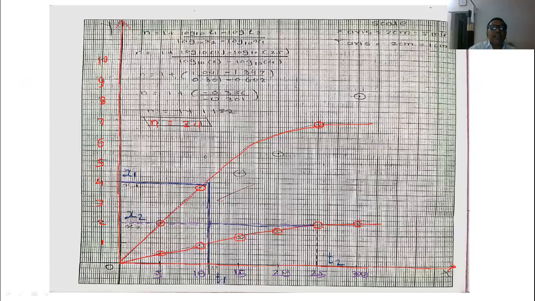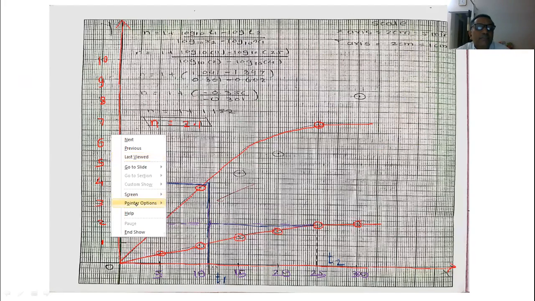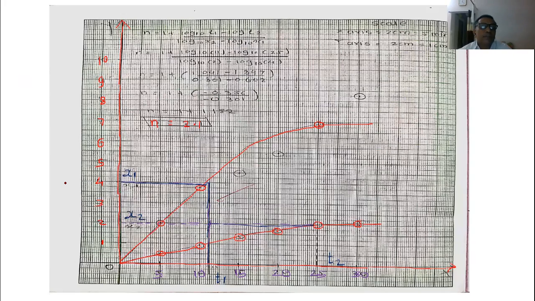So you can see the graph here. This is the graph of x versus t. Onto the y-axis we have to take x, and onto the x-axis we have to take time: 5, 10, 15, 20, 25, 30.